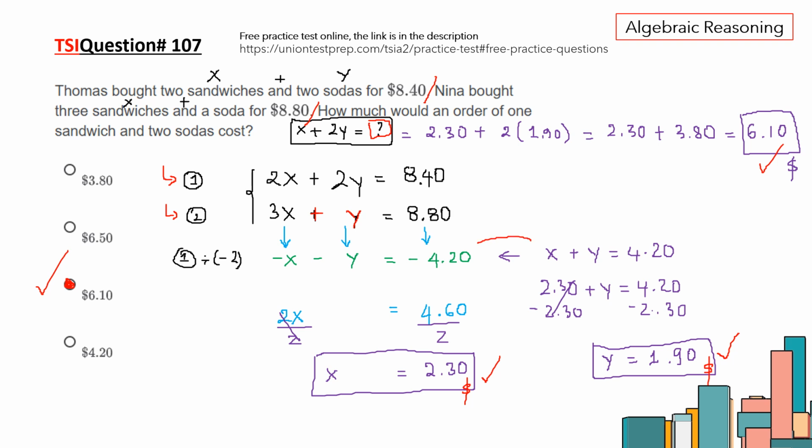From here to here, you multiply both sides by -1. So negative x times -1 is x, negative y times -1 is positive y, then negative 4.20 times -1 is positive 4.20.